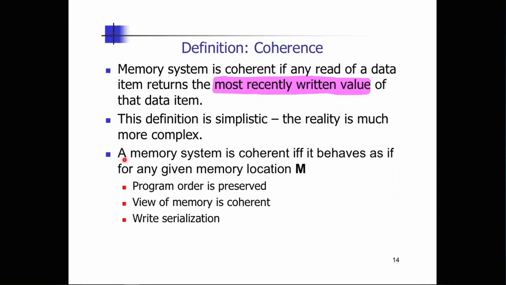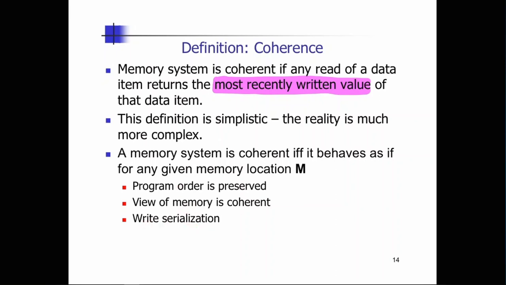So we come to a more detailed definition of cache coherence, or memory coherence. A memory system is considered to be coherent if and only if it behaves as if, for any given memory location M, these three features are satisfied: program order being preserved, a coherent memory view, and write serialization.